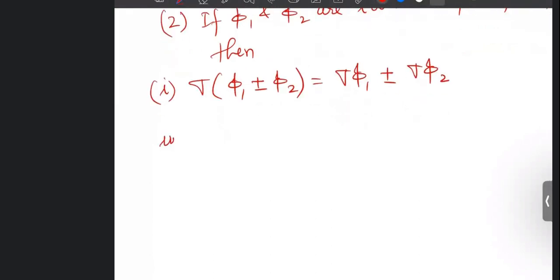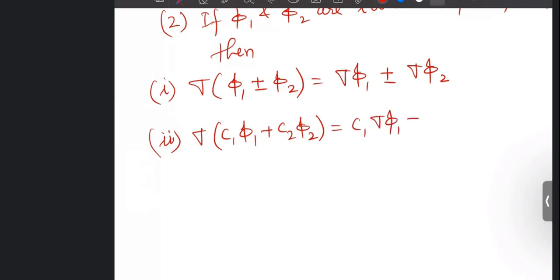Similarly, if scalar constants C1 and C2 are multiplied with phi 1 and phi 2, then the linearity property also holds, that is C1 times the gradient of phi 1 plus C2 times the gradient of phi 2, where C1, C2 are constants.